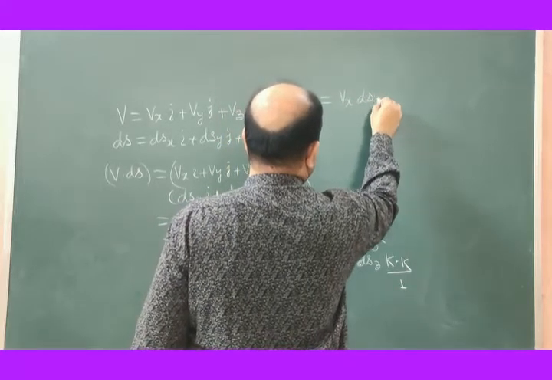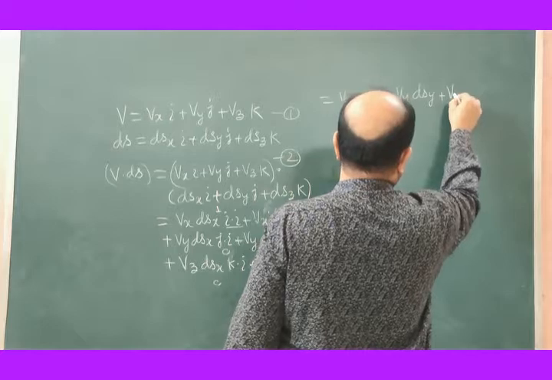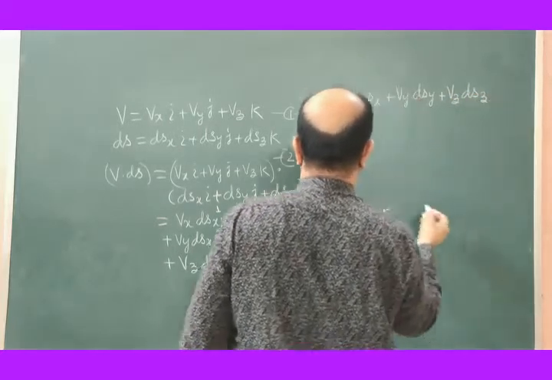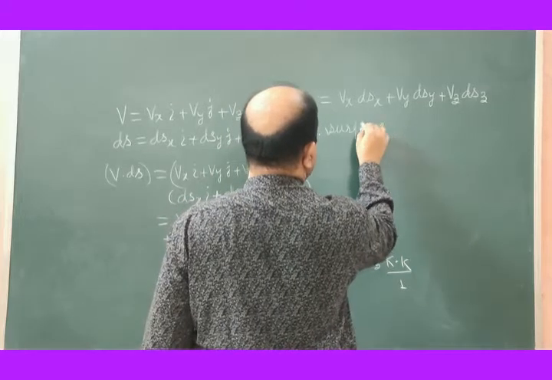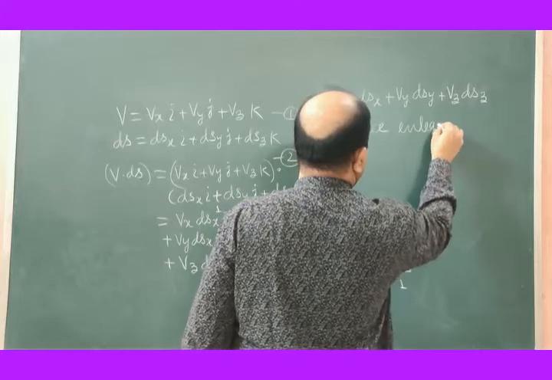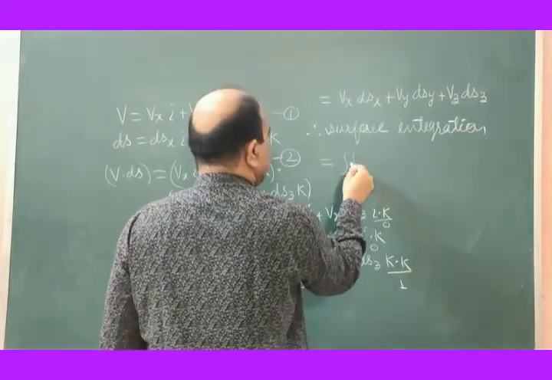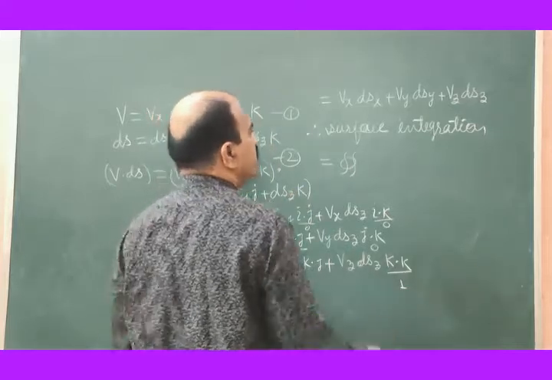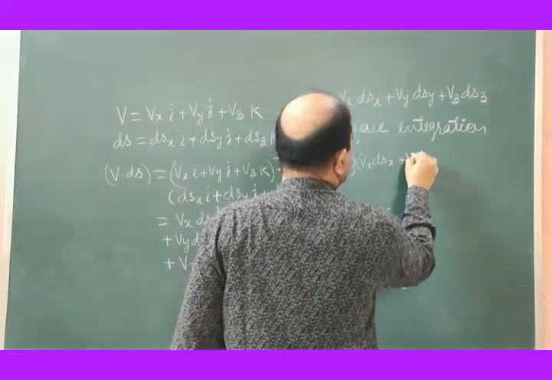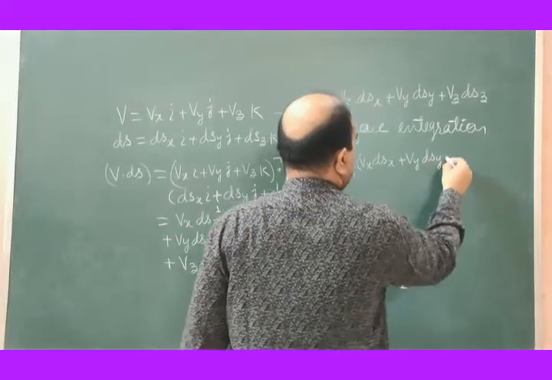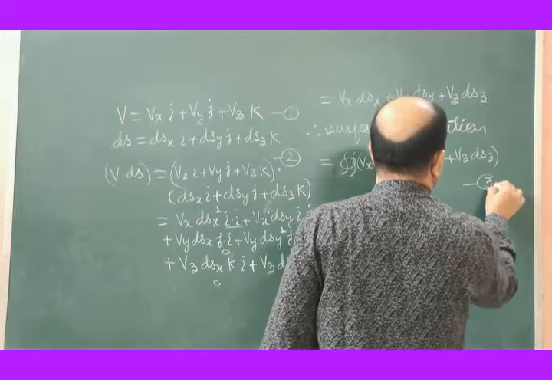Vx dsx plus Vy dsy plus Vz dsz. Therefore, surface integration will be equal to double integration, put a circle on double integration, and this is what Vx dsx plus Vy dsy plus Vz dsz, equation number 3.